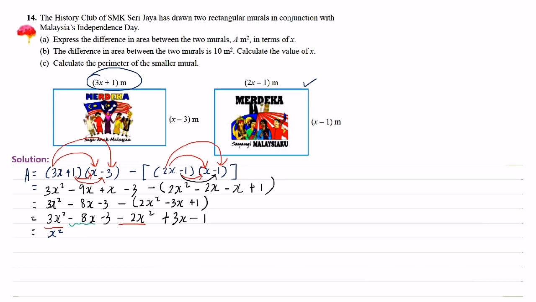Negative 8s plus 3s equals negative 5s. Negative 3 minus 1 equals negative 4.